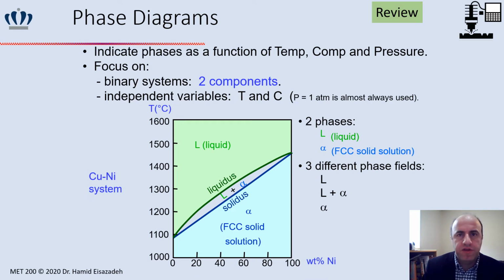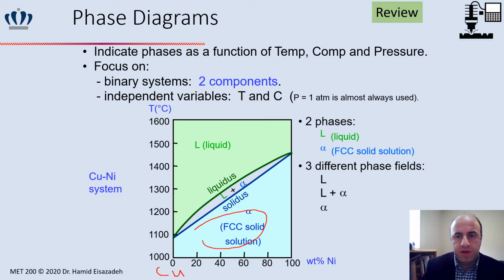Also, we discussed the phase diagram of two components, for example, copper and nickel. We mentioned that copper and nickel has three areas. One area is solid. If we change the composition, for example, this is pure copper.